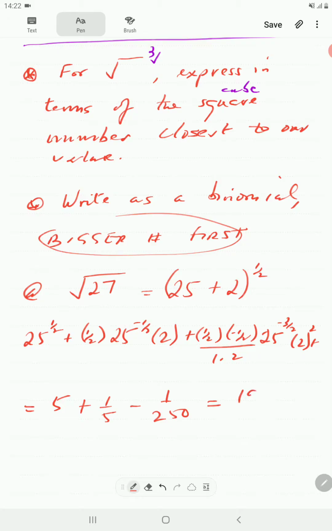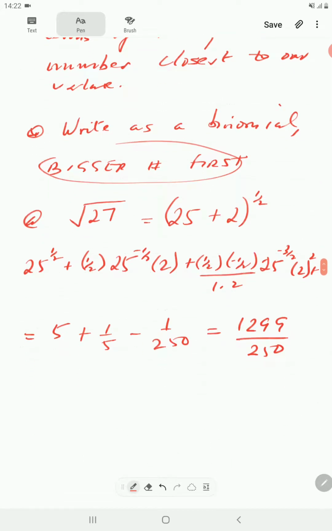So this as a rational, or a single fraction, is going to be 1299 all over 250. Now for comparison, if we punch this in the calculator, it gives us 5.196.